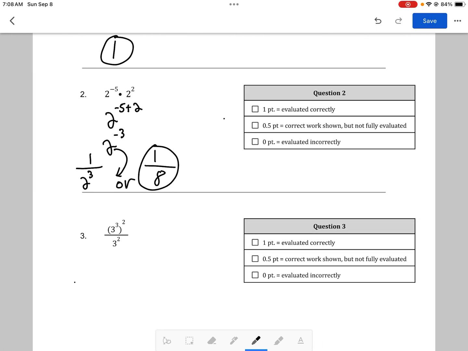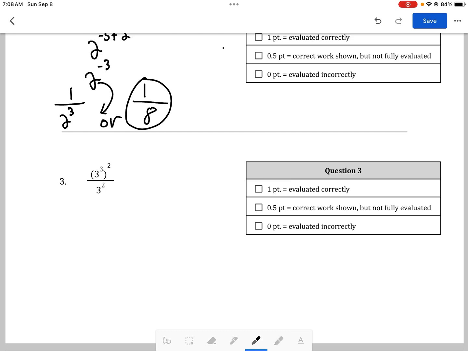Looking at number 3, I have 3 cubed to the second power over 3 squared. I'm going to do the top first. 3 cubed to the second power. When I take a power to a power, I multiply. So this becomes 3 to the sixth over 3 squared.